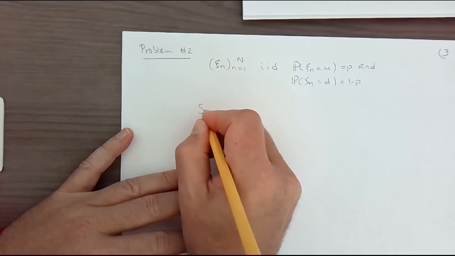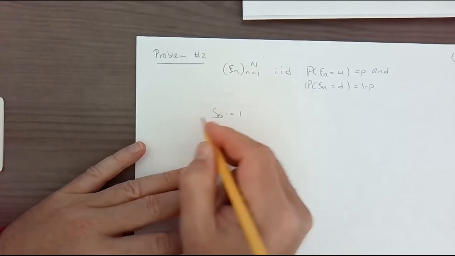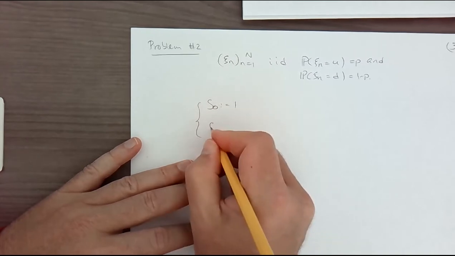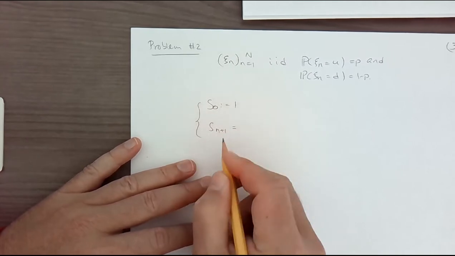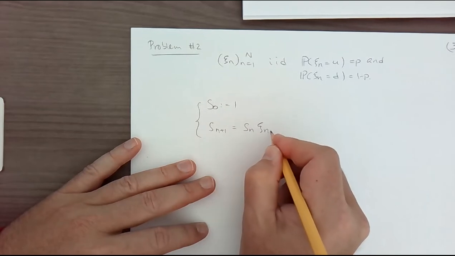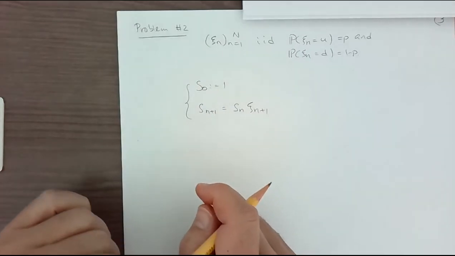The stock starts out at 1, so we define the stock recursively, by the first point, and then by some n plus 1. How is it given in terms of n? The way it works in these binomial models is this is our recipe.